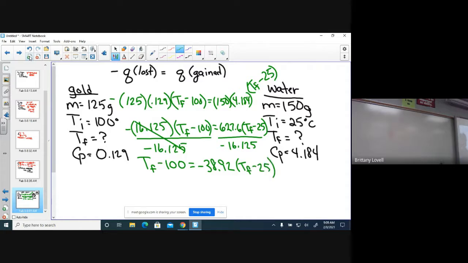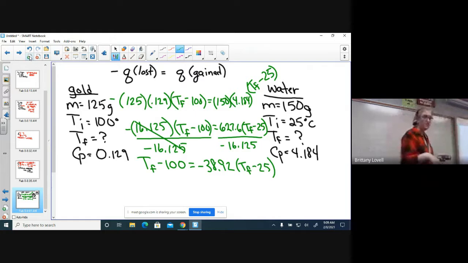Okay? So at this point, because you have a multiplication problem on the right side, you do have to distribute. I'm going to take that 38.92 and distribute it to everything within the parentheses.